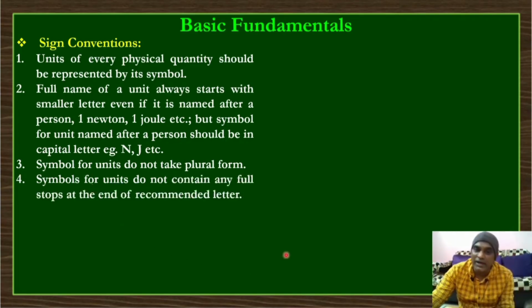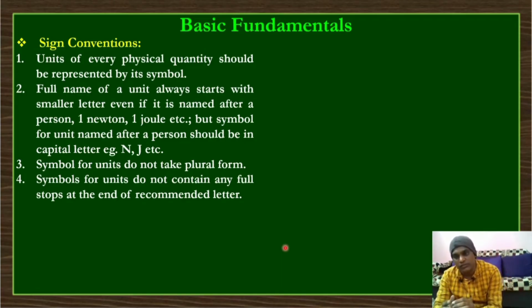Symbols for units do not contain a full stop at the end. Okay, suppose you are writing the force 10 newton. If the sentence is completed, then you can put a full stop. That full stop will be for terminating that sentence. But if it is in between, after N, you should not put a full stop.